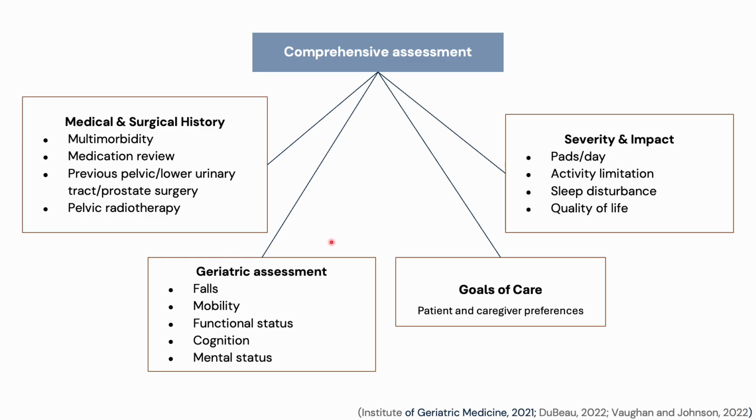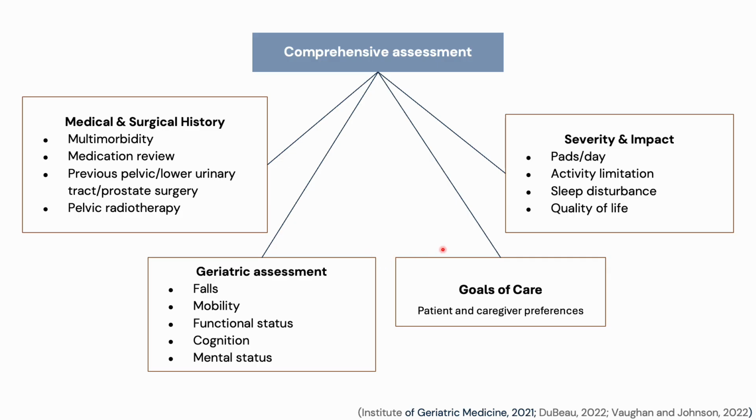By identifying these reversible or modifiable factors, CGA, or Comprehensive Geriatric Assessment, allows us to develop a personalized, multidisciplinary management plan that improves not only continence but also overall function, independence, and quality of life.